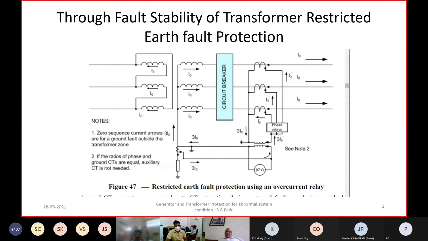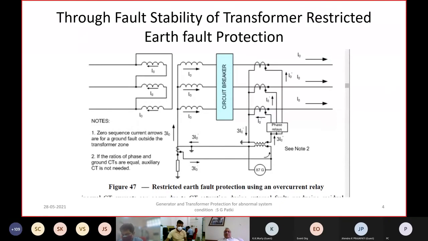The third point here is the sensitivity. If you increase the voltage setting, you sacrifice the protection zone of the winding. Yesterday, Murthy had raised this issue with me regarding how much is the winding coverage in the restricted earth fault. Actually, the question starts with why the word restricted has been put.